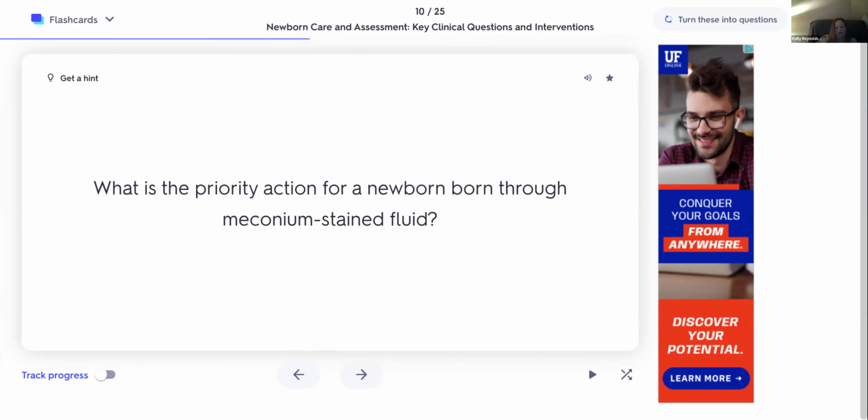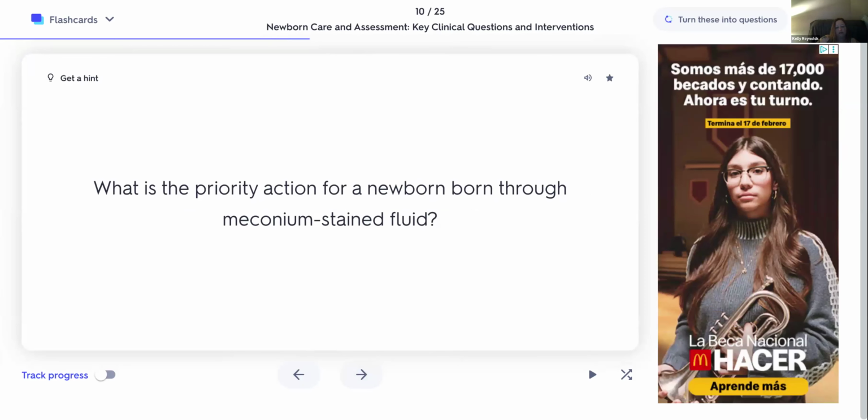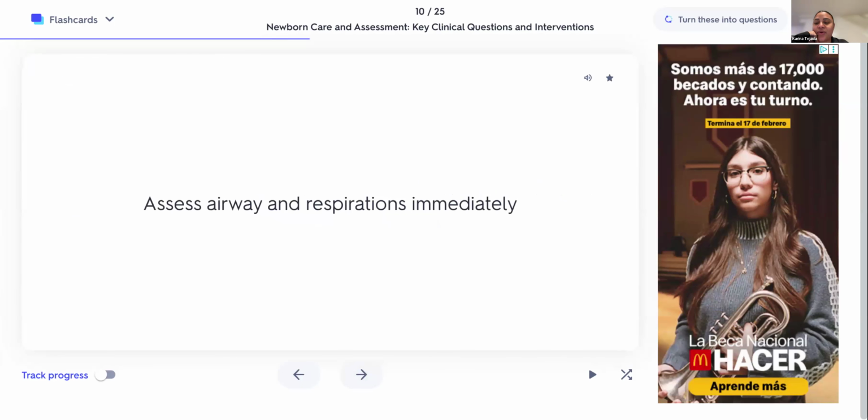Wouldn't they have to suction first and then get it out of the lungs? Flip it over. It says assess the airway and the respirations immediately. Excellent. But remember, if they suck meconium in, it's going to go down to the lungs. Has anybody seen in the nursery how they get that stuff out?